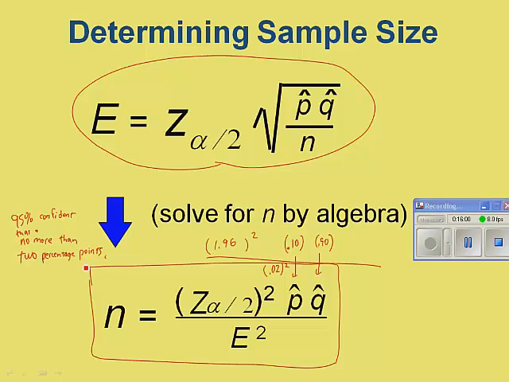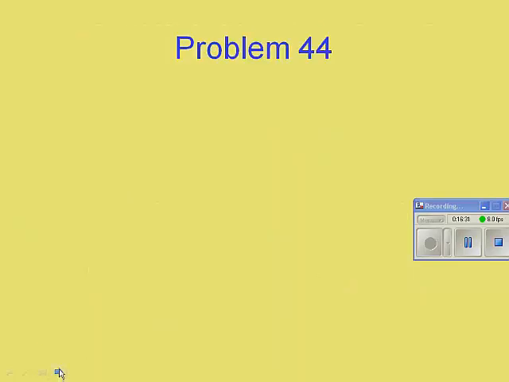The hard part is finding the stuff in the text, and that's why I wanted to show you an example like that. But then you plug all that in, and if we work it all out, the sample size you would need here is 865. You would have to survey 865 people. So we did problem 44.